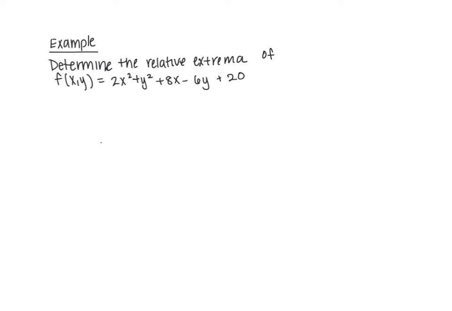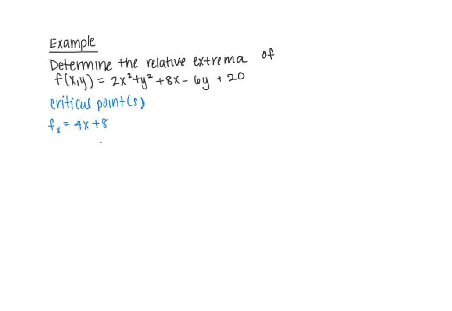All right, so we're going to determine the relative extrema of f of x, y equals 2x squared plus y squared plus 8x minus 6y plus 20. So first thing I need to do is find the critical points. And to do that, I'm going to set the partial derivatives equal to 0. So my partial derivative with respect to x is going to be 4x plus 8.